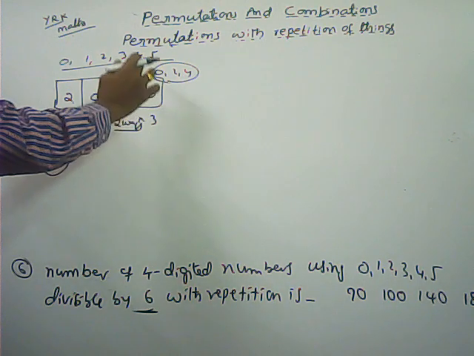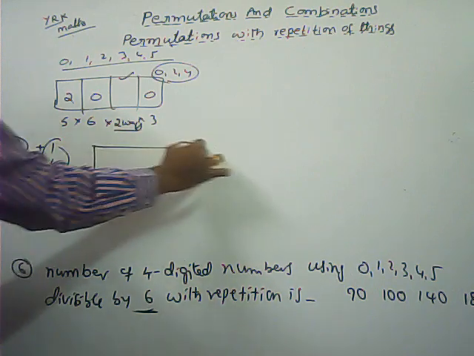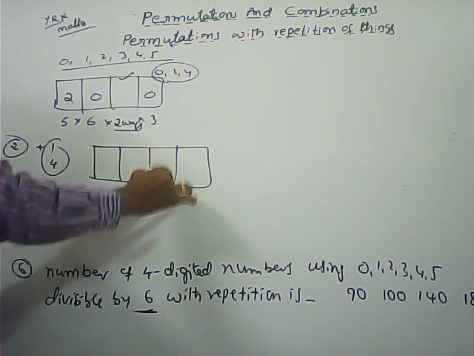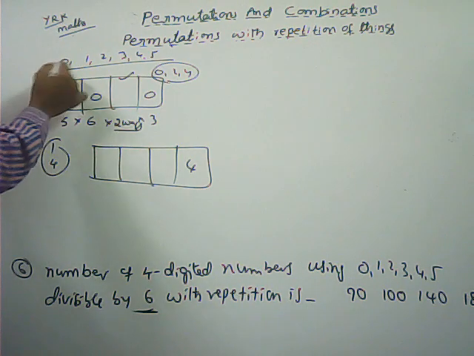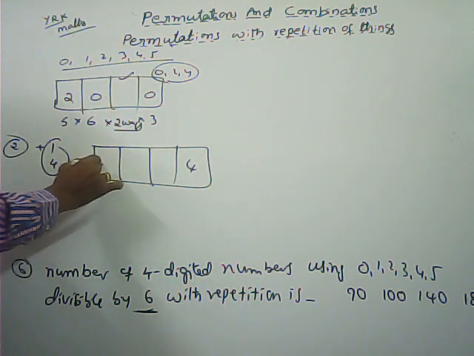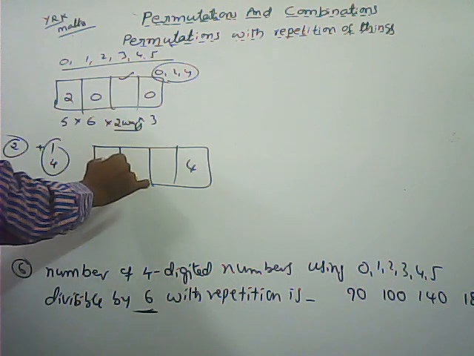Here 0 or 2 or 4, you can keep any one. For example, you can see one more also. Here I am keeping 4. Here I am saying 5 ways are there, except 0 you can keep anything. For example, you can keep 3. And here 6 ways are there, you can keep anything.